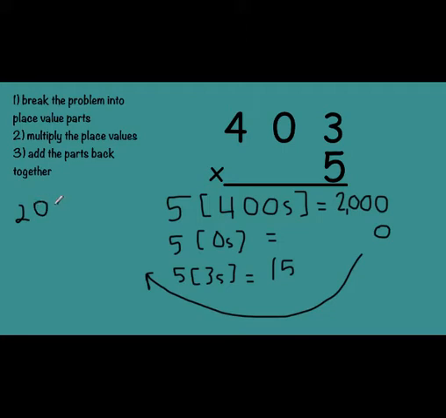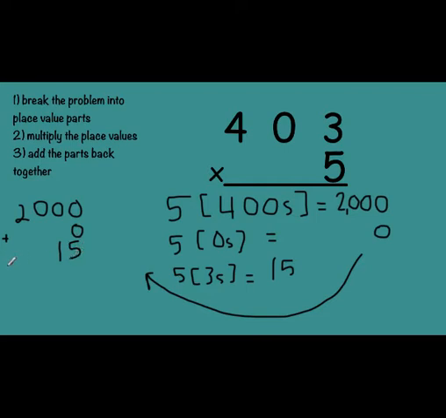Please make note of where I'm going to write my digits because we have to keep track of our place value. In my tens, I ended up with a 0 because I didn't have any value in my tens place, so that's a 0. And finally, I ended up with a 15, so that is going to be one set of tens and then 5 ones. That makes up 15.